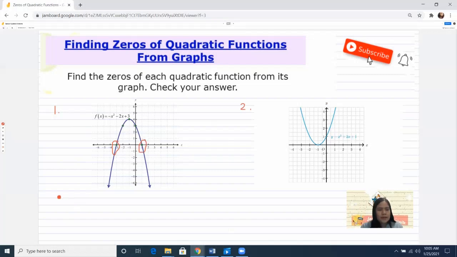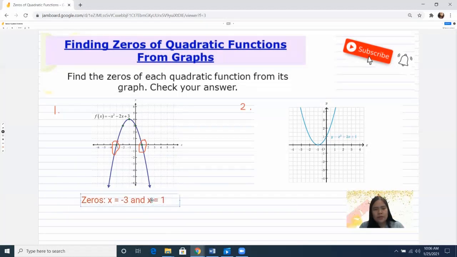So the zeros are x = -3 and x = +1. Don't get confused on those signs, and don't forget the negative sign. So those are the zeros.